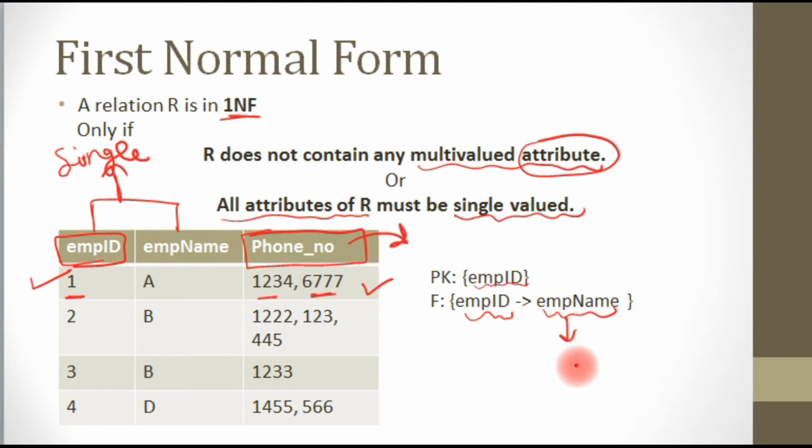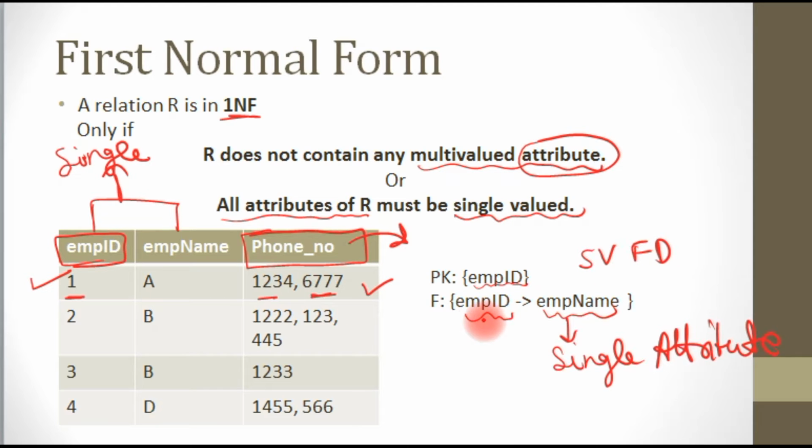Here employee name is a single attribute, and this functional dependency is called a single valued functional dependency. Employee ID determines only a single valued attribute.